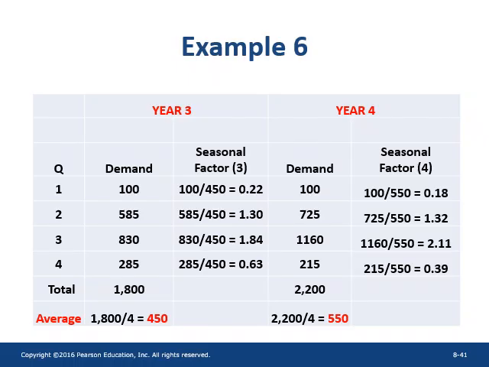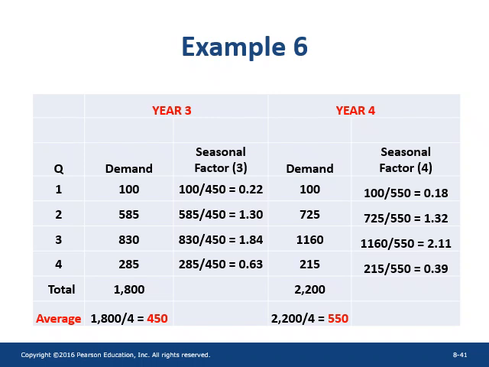To get an average seasonal factor, we would average the 4 seasonal factors that we computed across the 4 years. And so the average for quarter 1 would be the average that we found on the last slide of 0.18 for year 1, 0.23 for year 2, 0.22 for year 3, and 0.18 for year 4. We average those 4 things, and we'd have an average seasonal factor for quarter 1.